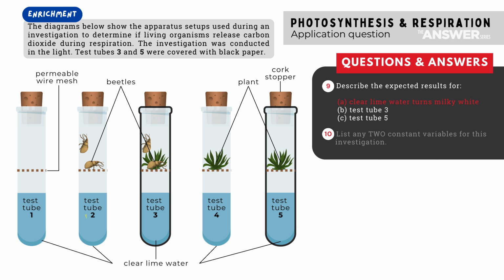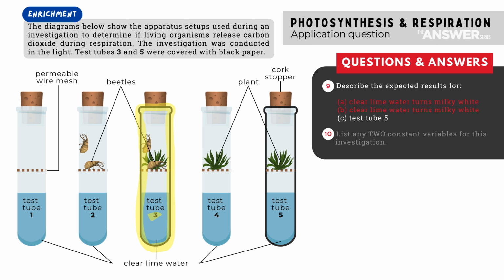So test tube 2, we're definitely going to see the clear lime water change to a milky color because there are only 2 living animals performing respiration. In test tube 3, we've already said that because the test tube is in the dark, the plant will be performing respiration together with the 2 beetles and thereby releasing a lot of carbon dioxide.